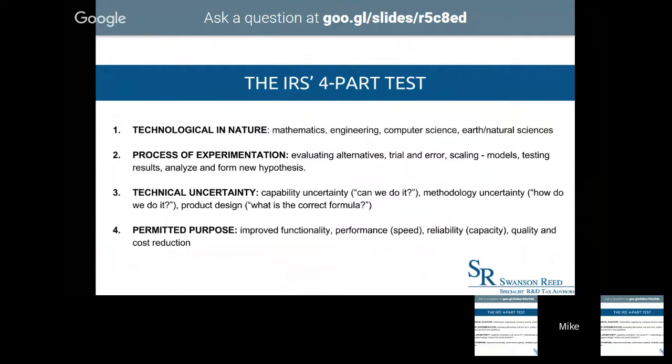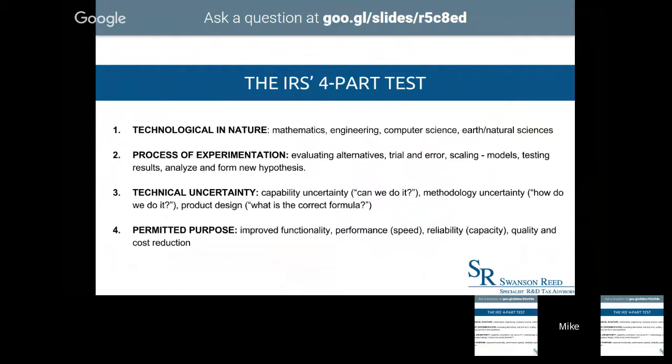Well, those expenses are allowable for R&D credit purposes, but you have to be able to make a case for or answer affirmatively that you had to do experimenting, building prototypes and models to arrive at a satisfactory solution. There has to be technical uncertainty. In other words, you really don't know the answer when you're getting started, but you're searching for it. You're trying to find the best way to do it, the way to make a process or a system more efficient. So you begin with a point of uncertainty and hopefully end up with a certain solution.